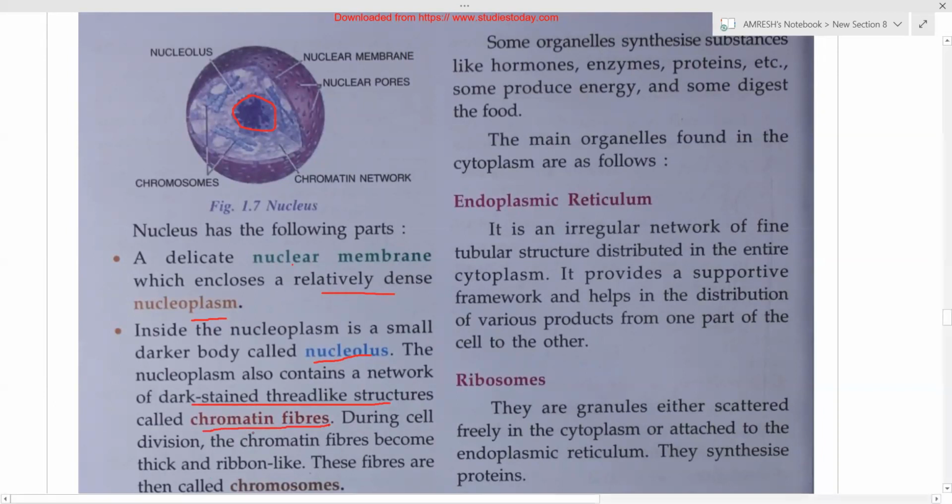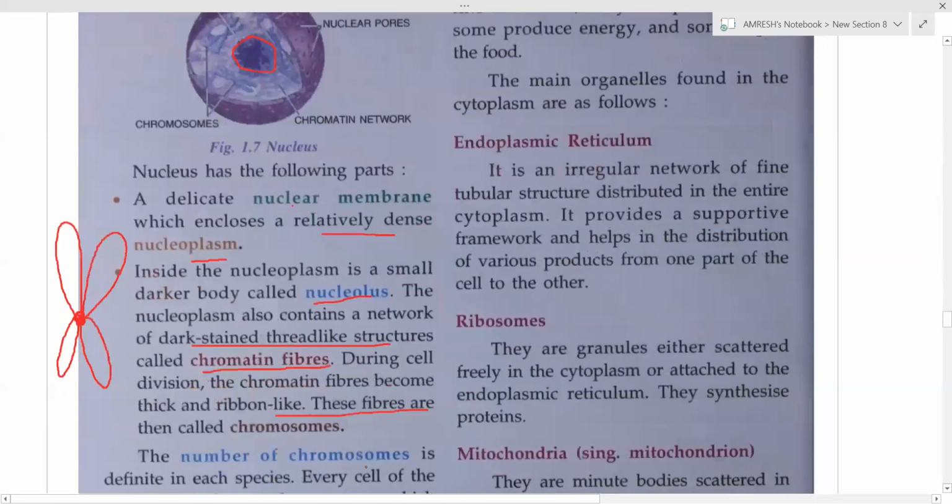Chroma means colored, so dark stained means colored. Thread-like structures, chromatin fibers. And inside the chromatin fibers, we have chromosomes. Ribbon-like structures, chromosomes.